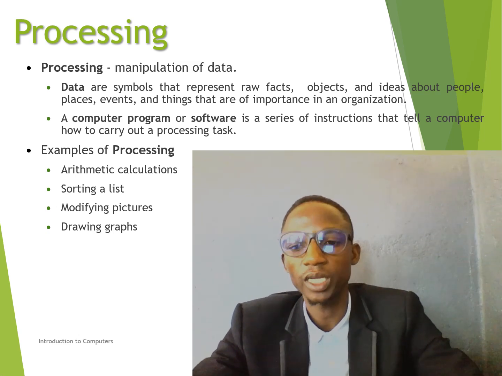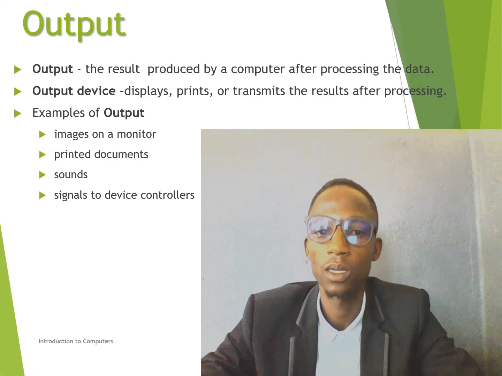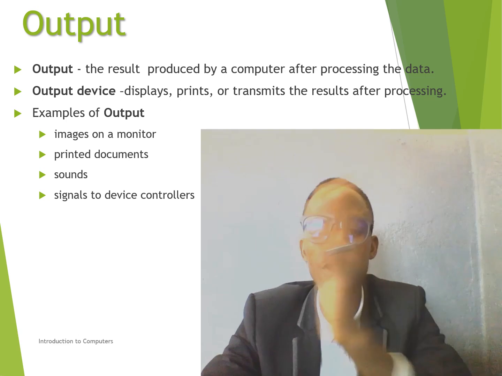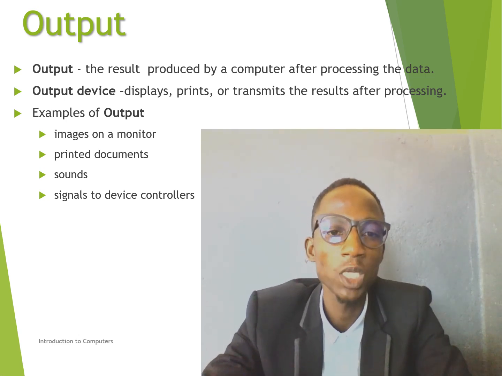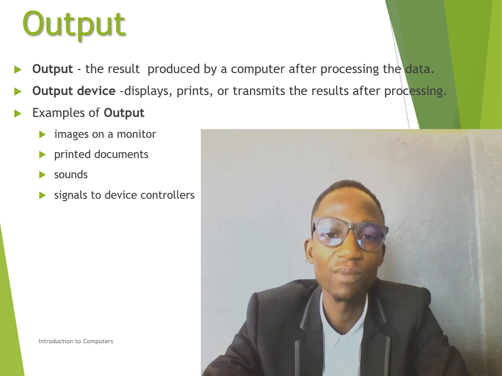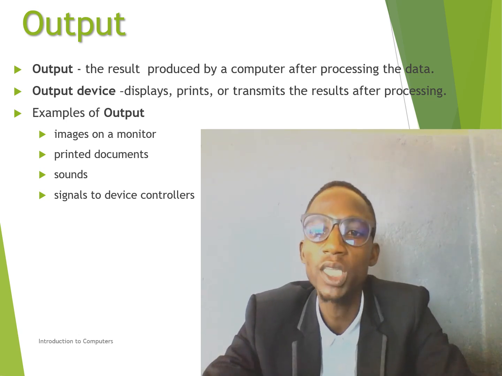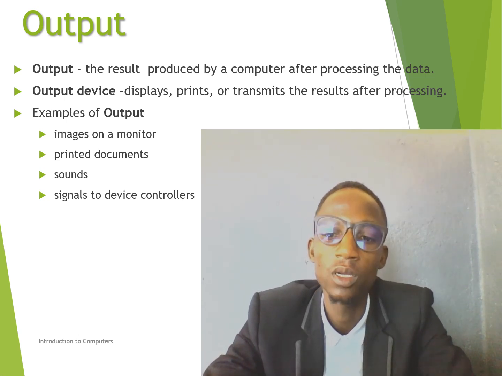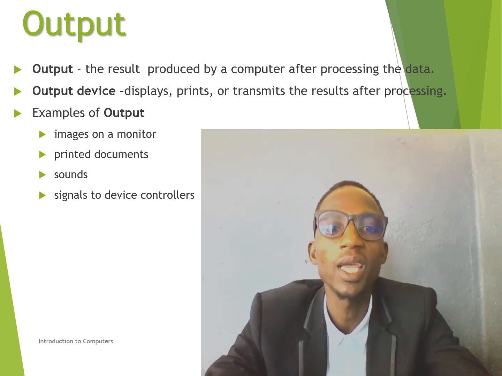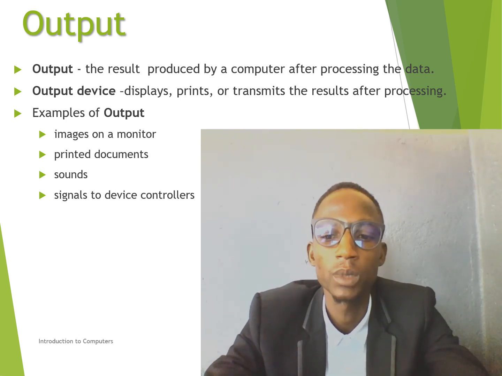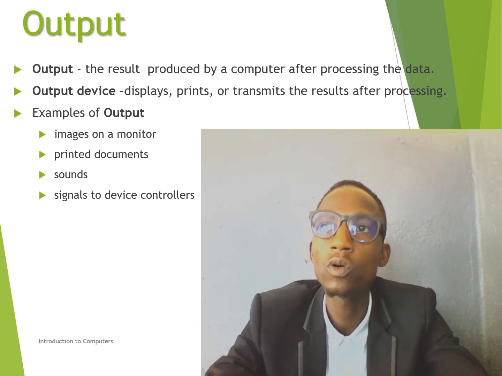So let's go to the next slide. The final thing now is output. An output is the result produced by a computer after processing the data, as I said earlier on. An output is also called information, meaningful facts, meaningful data.